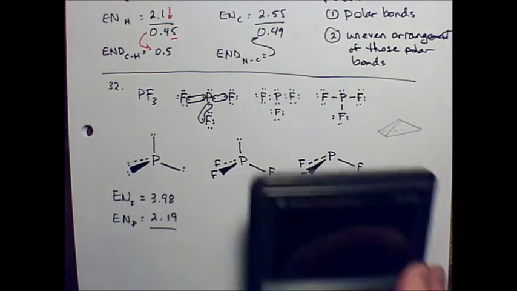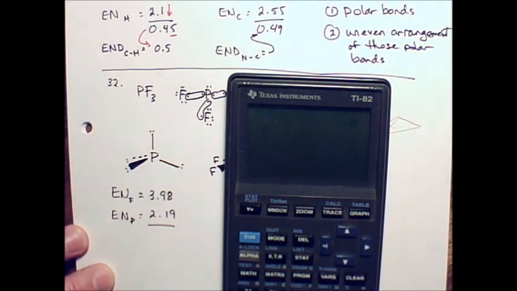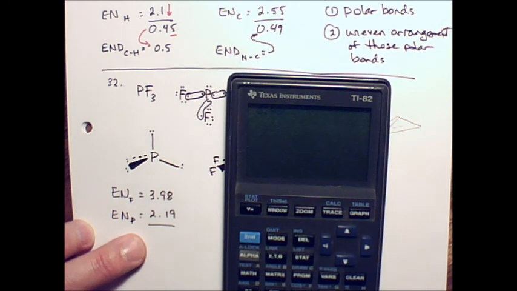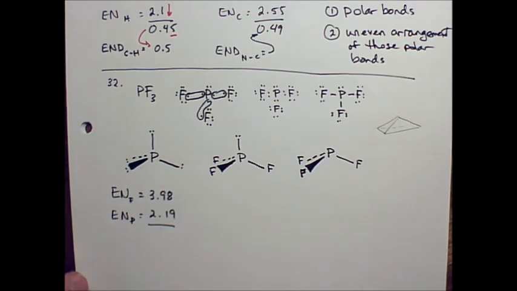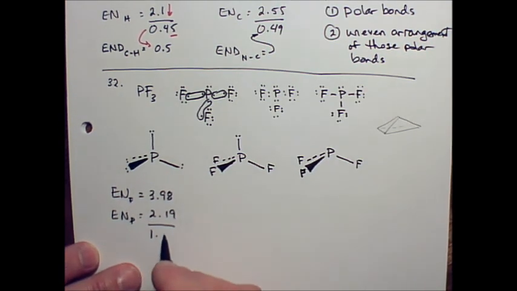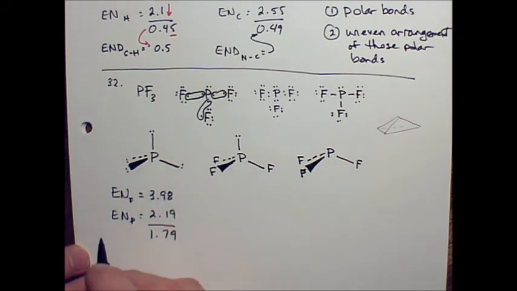Okay. And so the difference is 3.98 minus 2.19, and that's 1.79. So that's why I thought you were asking the question about ionic a while ago, because this is 1.79. That's the electronegativity difference for a phosphorus to fluorine bond.